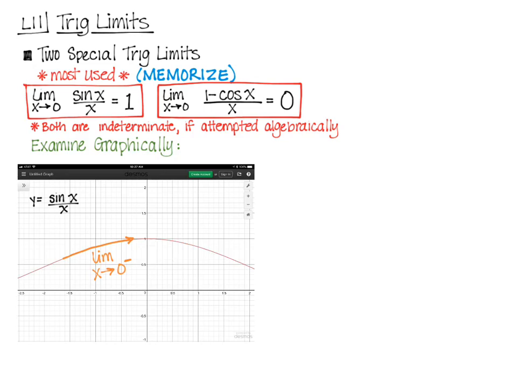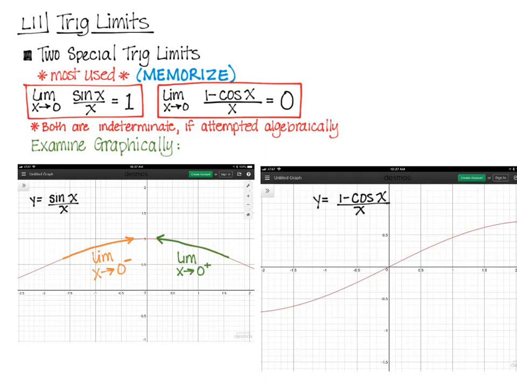And as we approach from the right, it also approaches this number here, which is the number 1. We can't attempt it algebraically at this point in time, but we can see it visually.